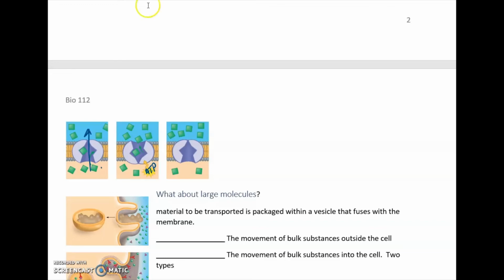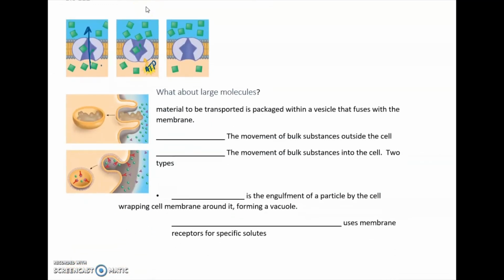Well, there's some molecules that are too large to be carried on protein transport, and these materials have to be packaged into a vesicle so that they can be moved out of the cell. So this is called exocytosis. And that's the movement of things going out. So it's exiting. If the stuff is exiting, it's exocytosis.